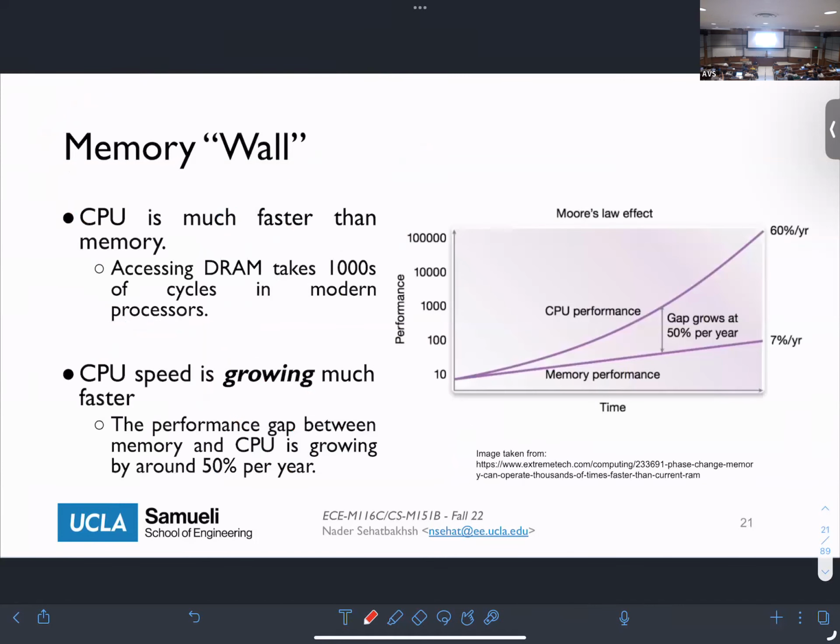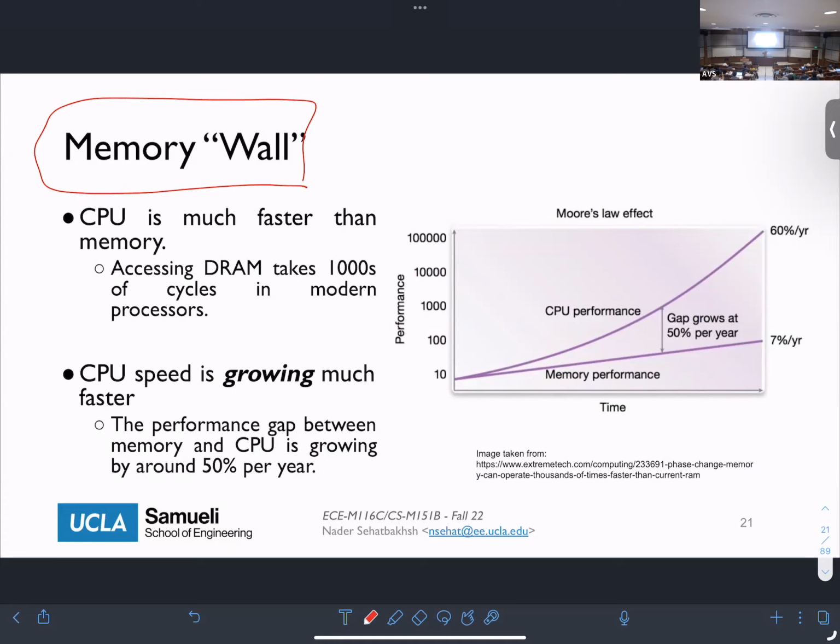To understand why memory is important, we need to look back at the trend that we discussed in the class. And what is really happening is what we call a memory wall. If you remember, I told you that the speed of the processor was increasing following Moore's law.